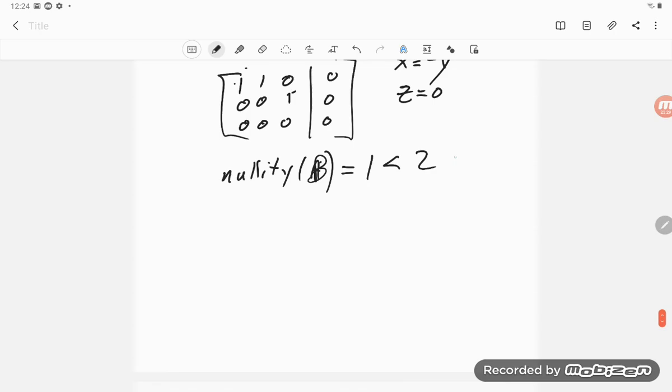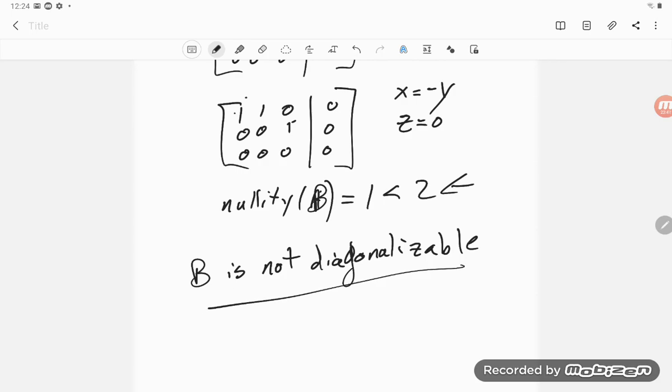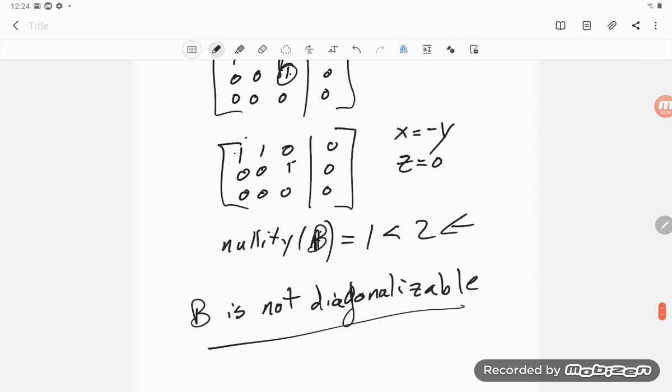And so we've got a problem, okay, and B is not diagonalizable in this case, because I can't find a second vector because the nullity is just dimension 1.